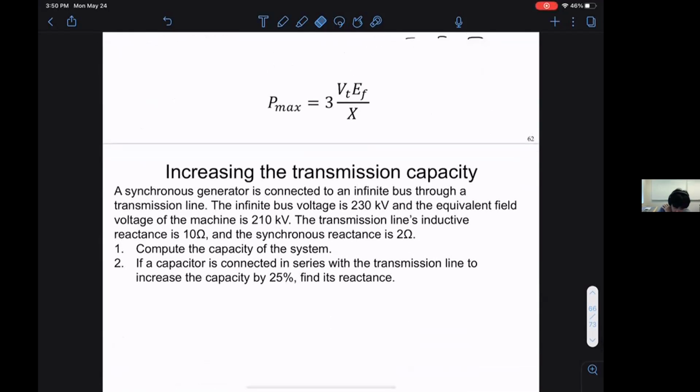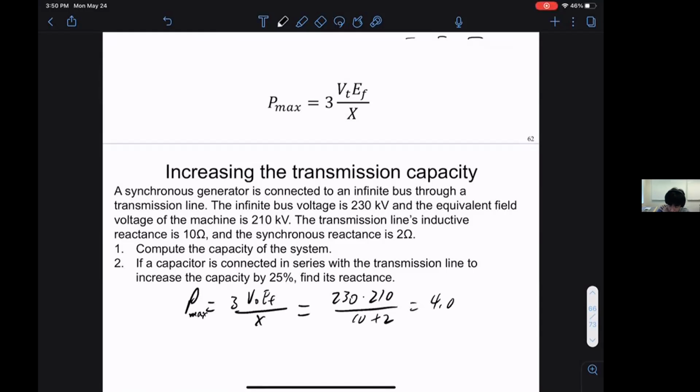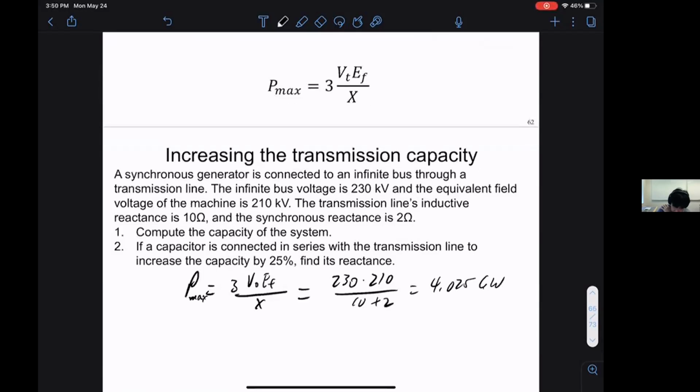So if you look at the equation we have for P max, this is 3 EF over X. This is 230 times 210 over 10 plus 2. This is 4.025 gigawatt.